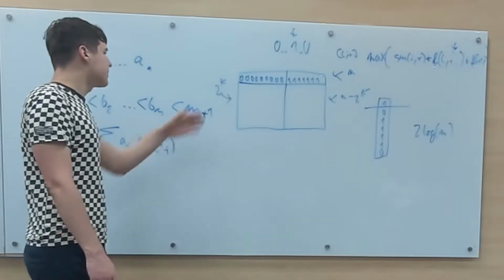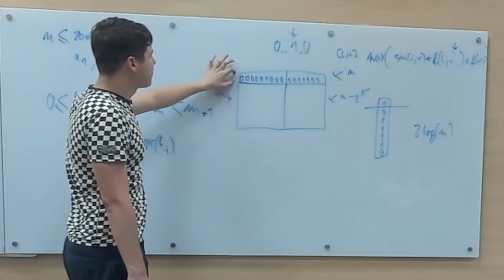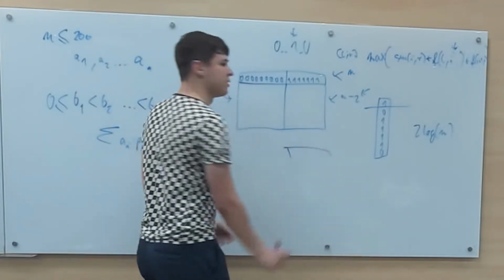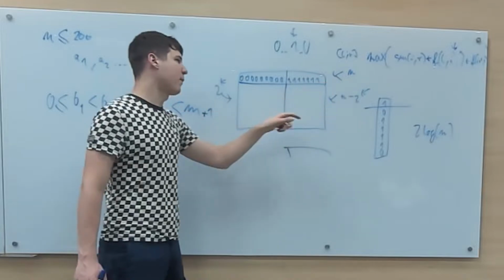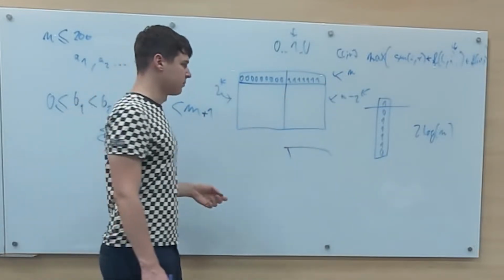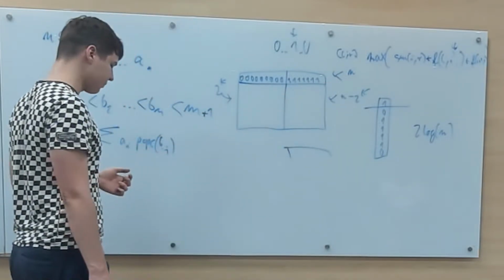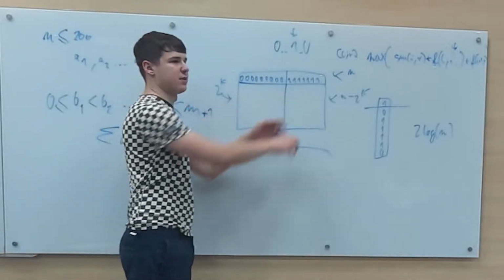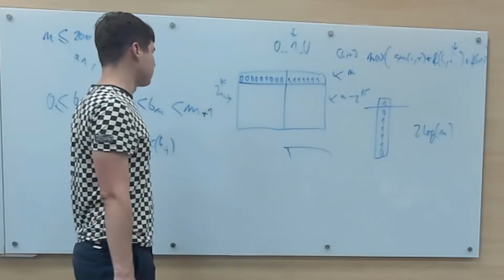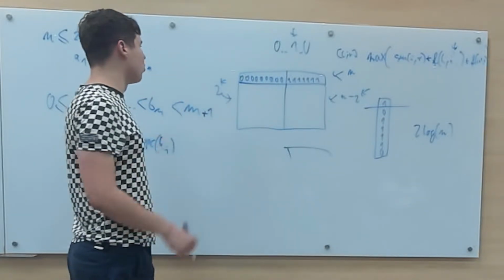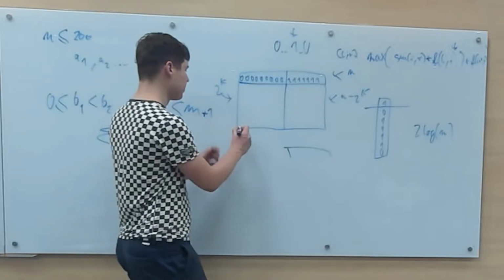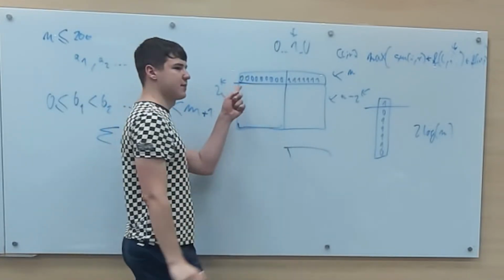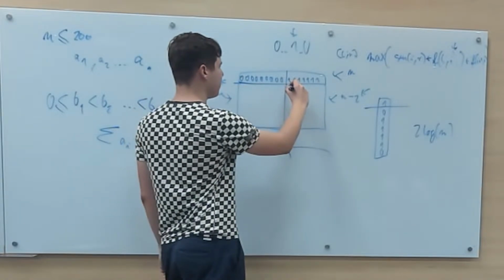The fact that we did this choice adds to the result the sum of AIs on this interval, because this increases pop count by 1 here. And now what we need to choose is all the other things, right? We can choose whatever sequence we want here, but it has to be smaller than this number.